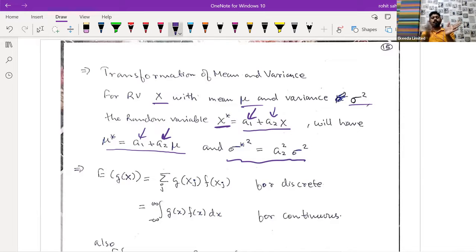Earlier it was 30, 60, and 90, but now each of them has been added with 10. So this becomes 40, 70, and 100. Still the variance will not change. So variance doesn't get affected by adding something.